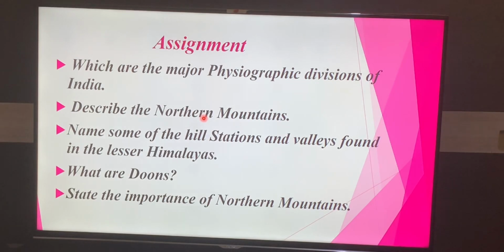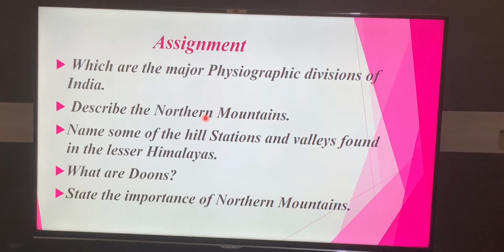The Northern Mountain comprises of Himalayas. It is a fold mountain. It is continuous chain along the northern boundary of India. They are the highest mountain range in the world. They have highest peaks, deep valleys and gorgeous glacier passes.